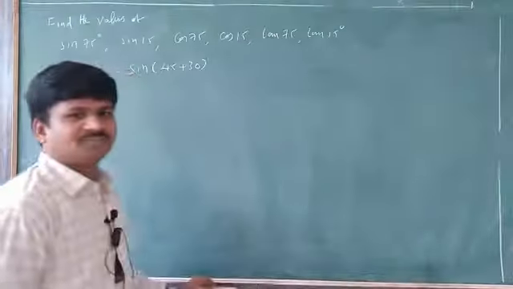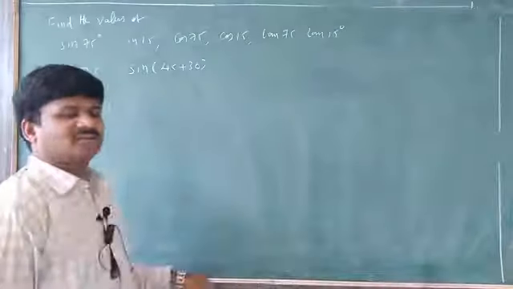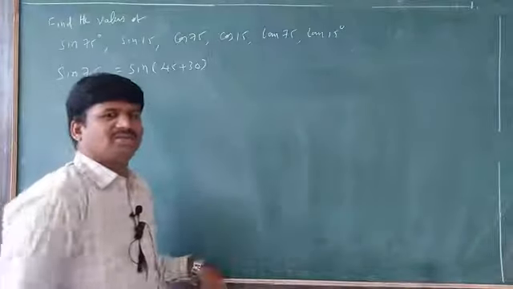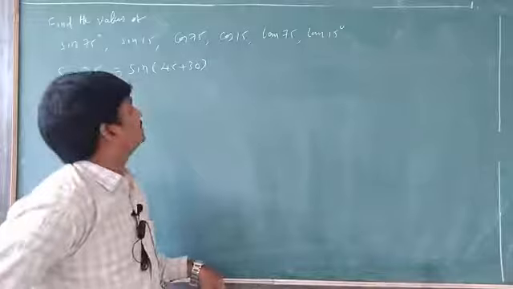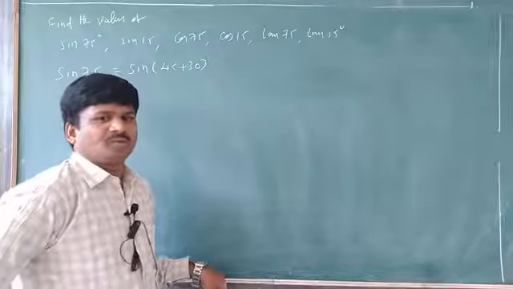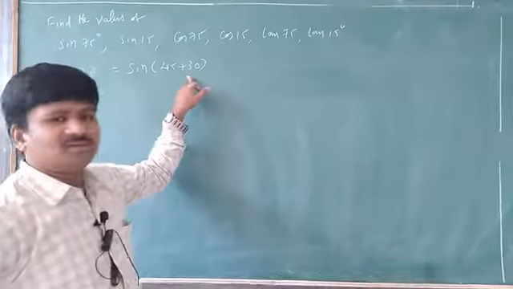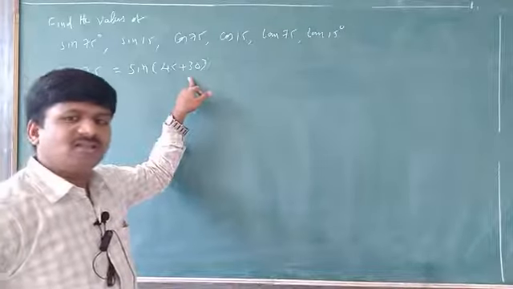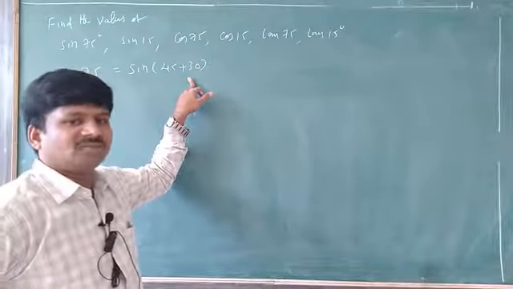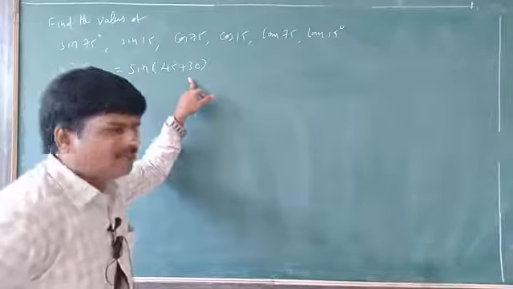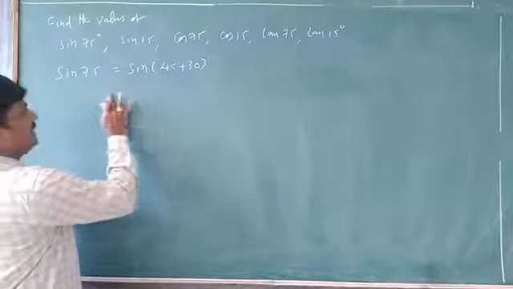If you expand this using the formula, you will definitely get the standard values: sin 45 or cos 45, sin 30 or cos 30. Now I am going to expand this. What form is it?